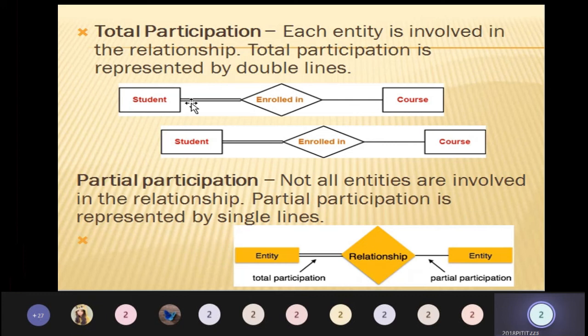If we use partial, it is represented by single lines, which means that not all the entities are involved in the relationship. That is the meaning of partial. If we use total, each entity is involved in the relationship. That is called total participation.